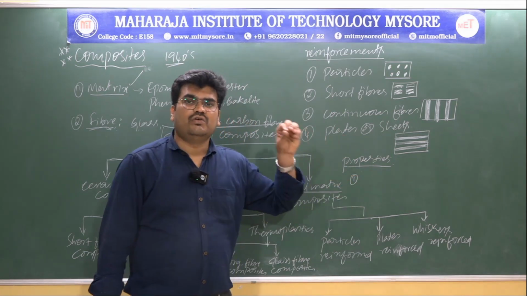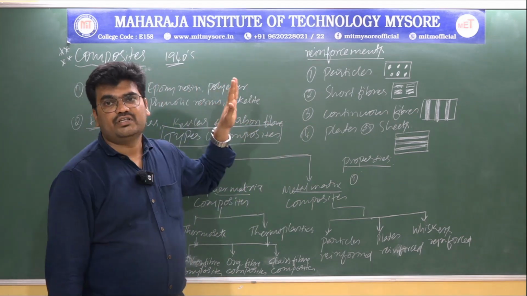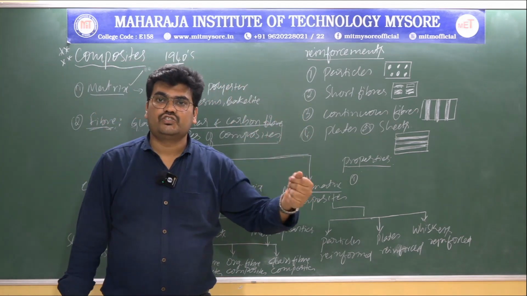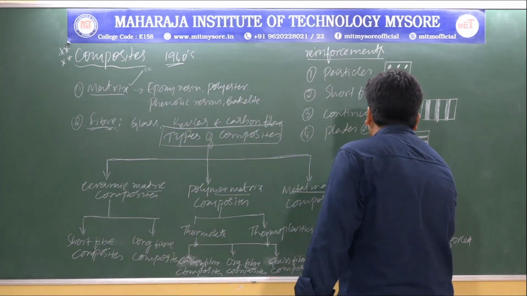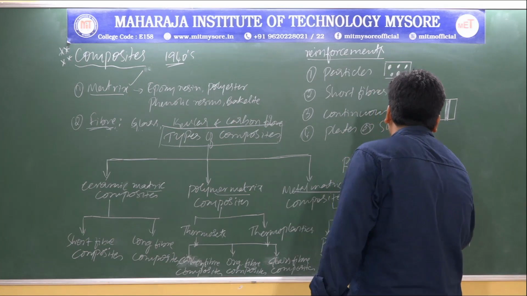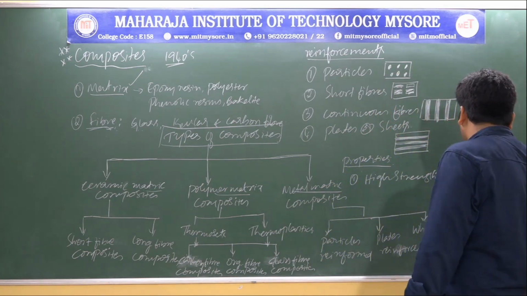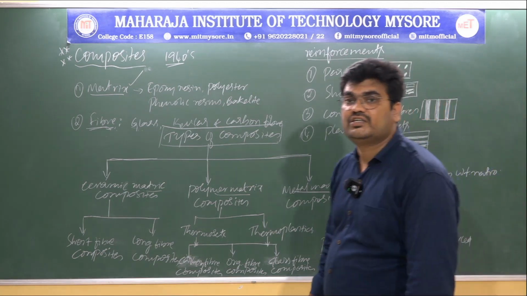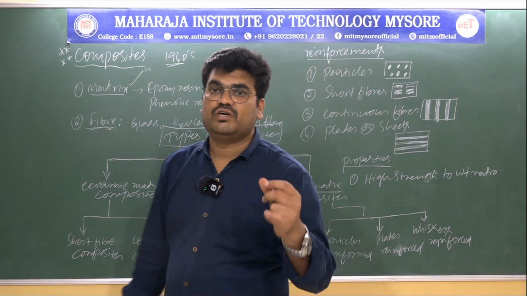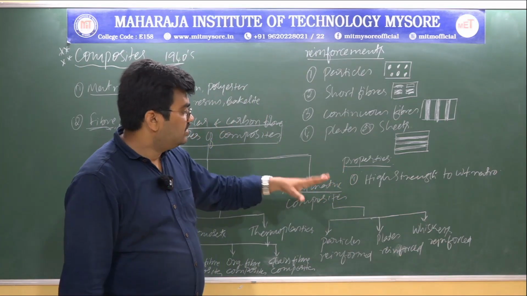One of the very important features of these composite materials is their high strength to weight ratio. This is important. That's why I told that they are often stronger than steel, but weight is much less than that, right?